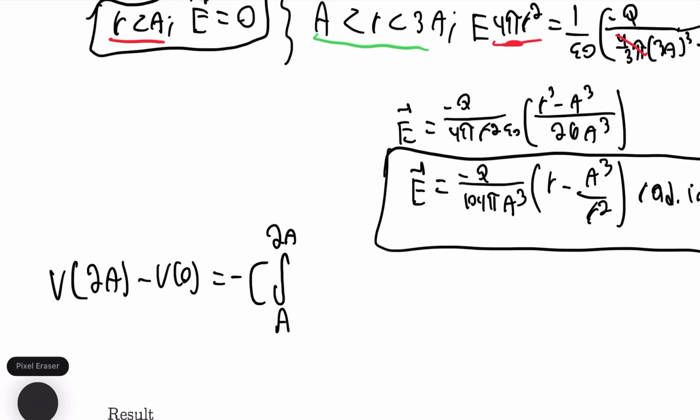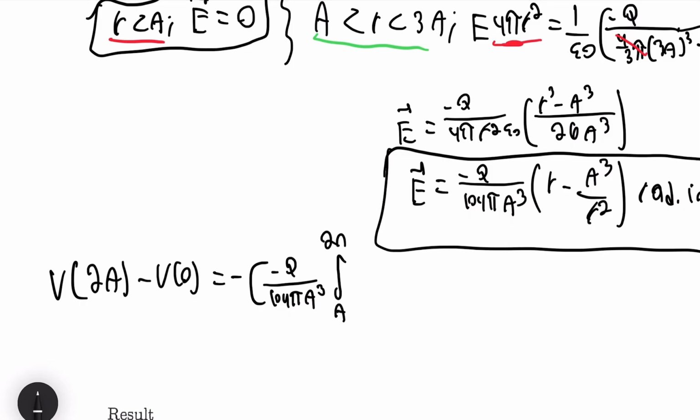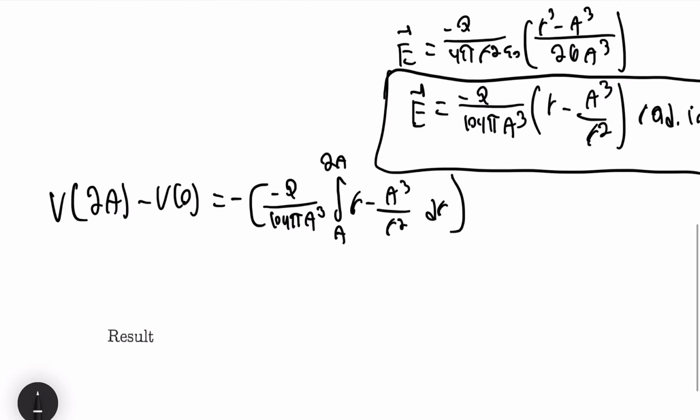Let me rewrite this actually. Let me pull out the constants and write the integral. So negative Q over 104 pi epsilon naught a cubed, times the integral from a to 2a of r minus a cubed over r squared dr. So negatives will cancel, right?